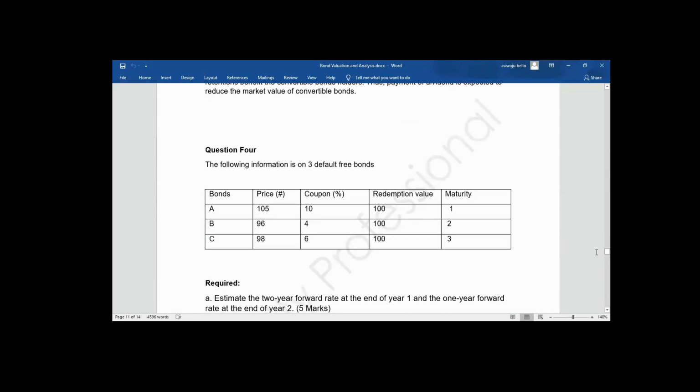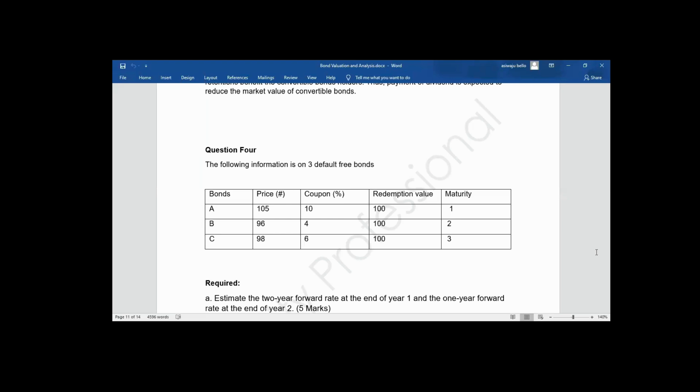Like I said, last diet was the first time the examiner tested forward rates. For the previous diets, what we have is spot rates being tested.